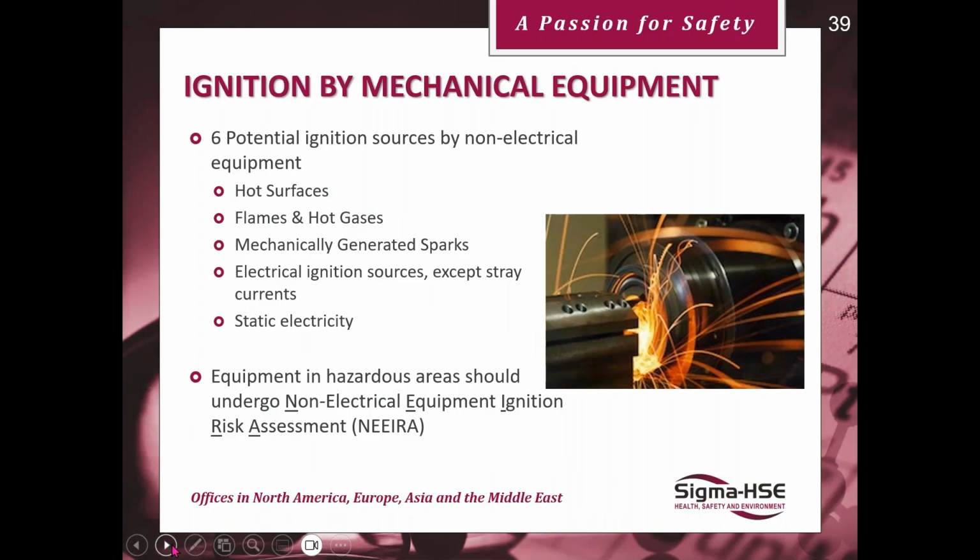In Europe, for equipment in hazard areas, we undertake non-electrical equipment ignition risk assessments, NERA. And this follows the standard ISO 80079-36 and 37. Normally 36, but for certain methods of protection, you may need to look at 37.